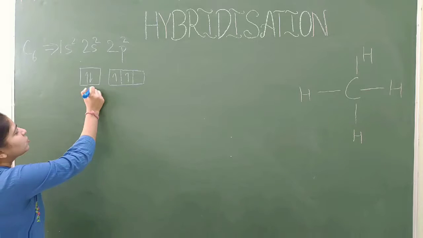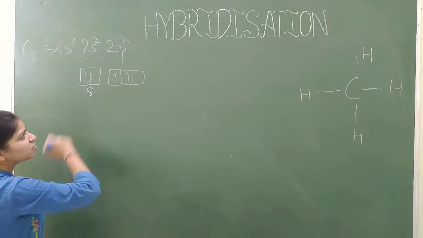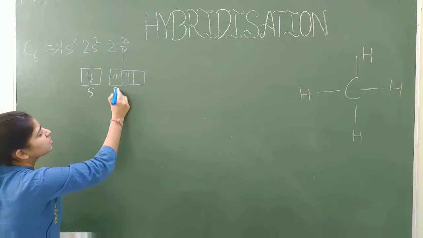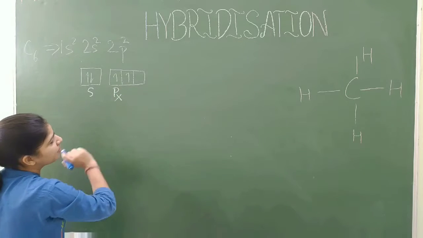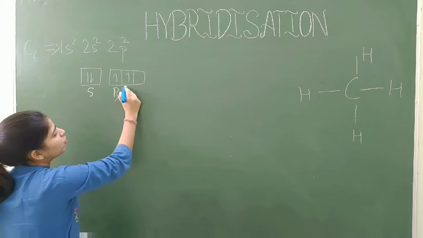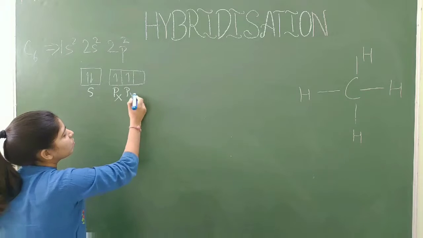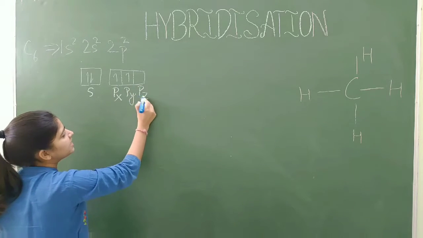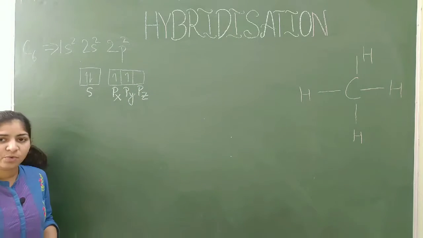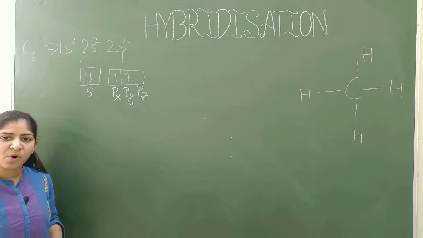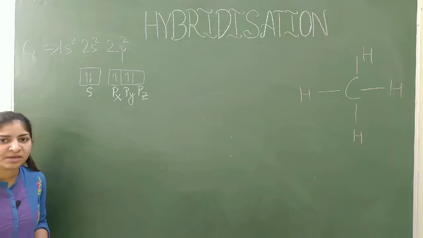There are 2 electrons in the s orbital and 2 electrons in the p orbital, that is 1 electron in px and 1 electron in py. Pz is vacant, and we know that the more the number of bonds, the higher the stability.